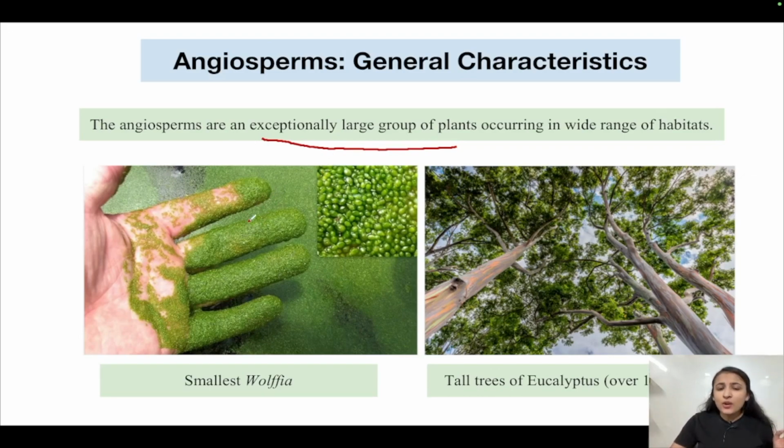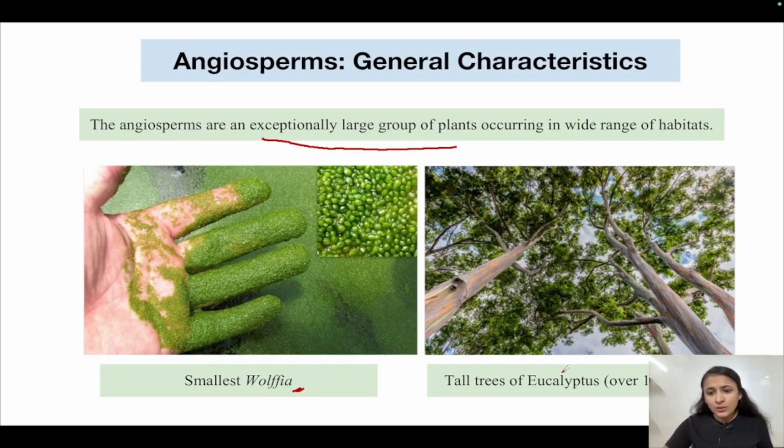We have the smallest angiosperm, which is known as the Wolffia. You can see these small granule-like structures. A single granule represents the Wolffia plant. So you can see how tiny it is. On the extreme opposite are these tall trees of Eucalyptus, which are some of the tallest trees that are present.